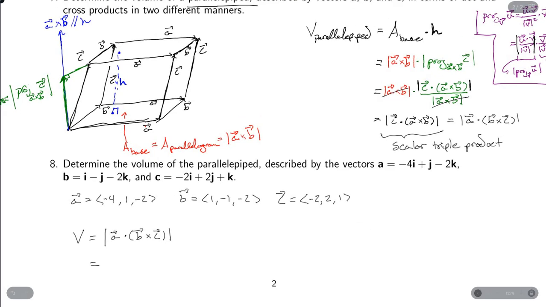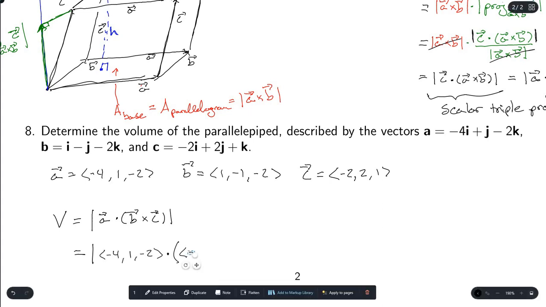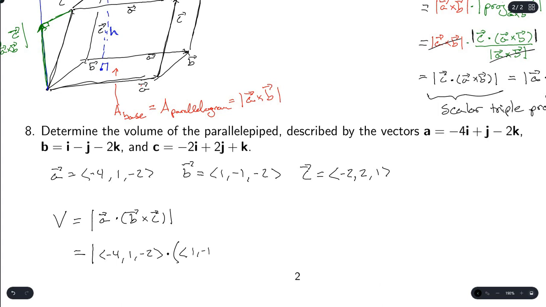So that is the magnitude of <-4, 1, -2> dotted with, in parentheses, B crossed with C. And so we need to do that cross product first here.